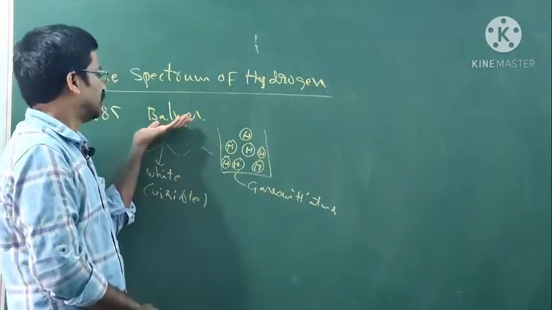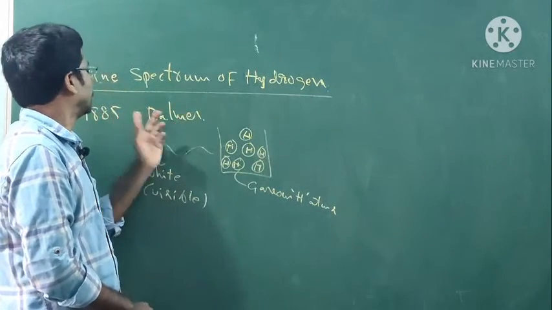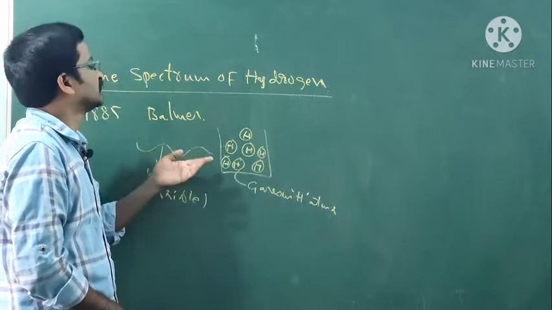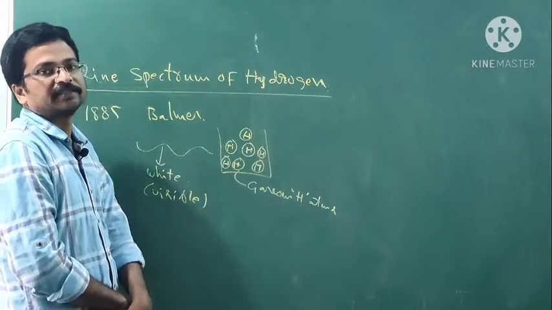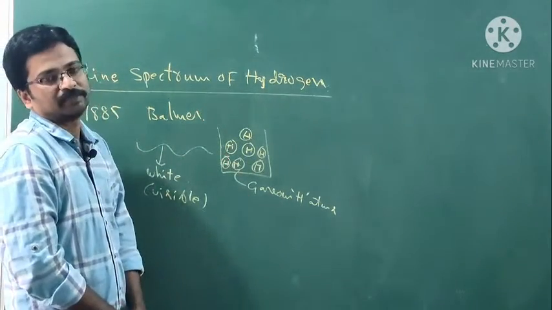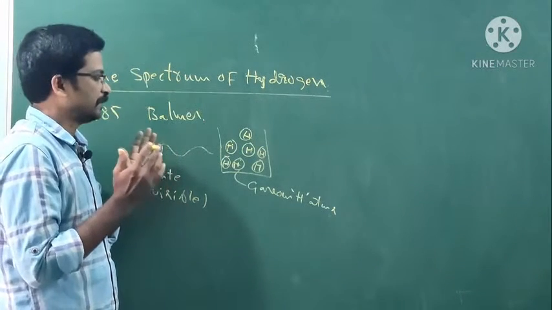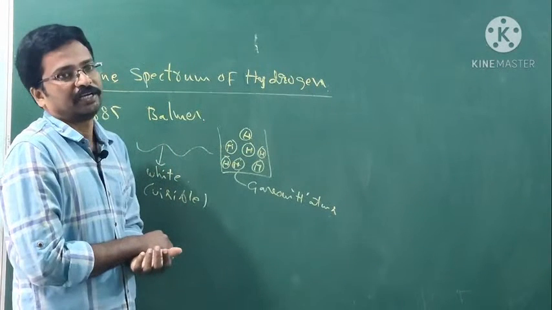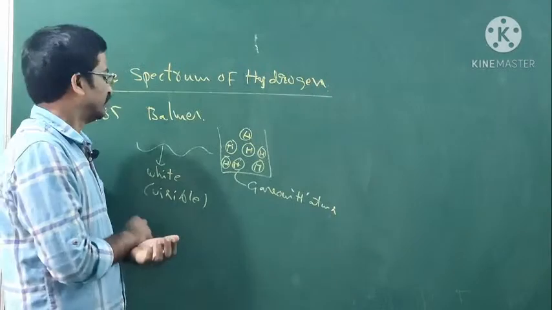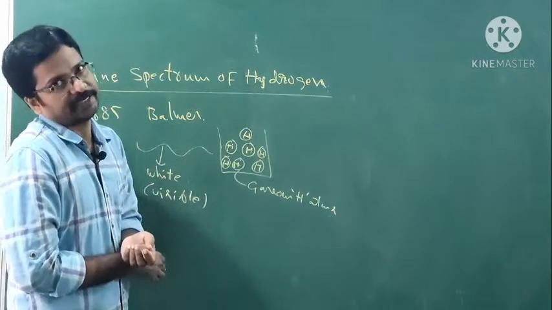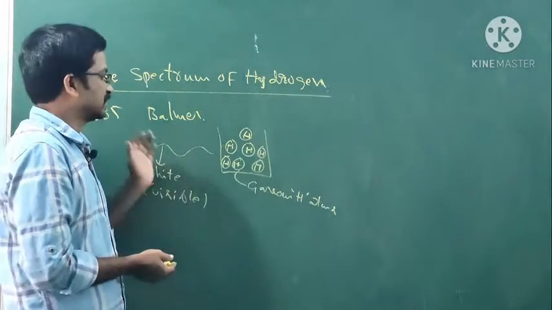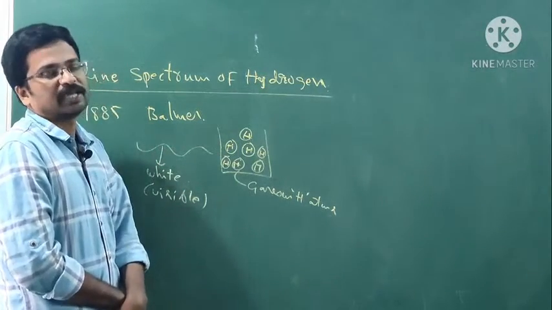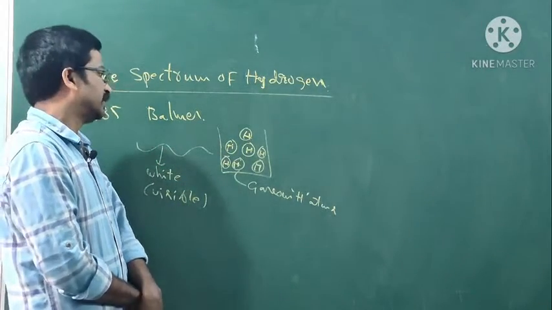Balmer is the one person who in 1885 did the experiment by passing white light into the hydrogen atom sample. White light also belongs to electromagnetic radiation.